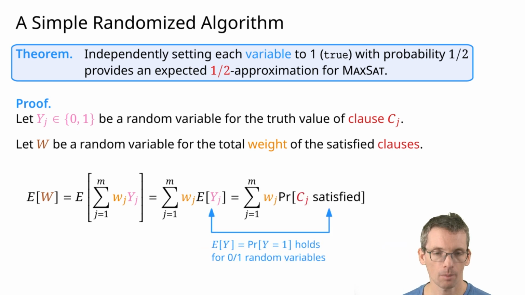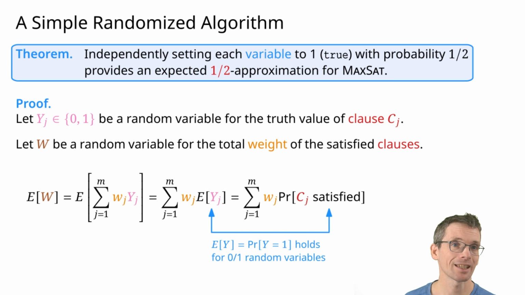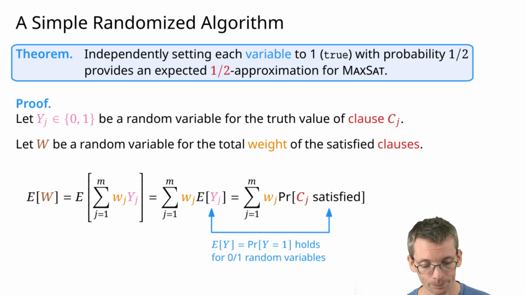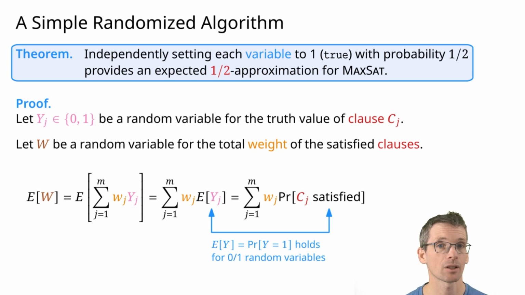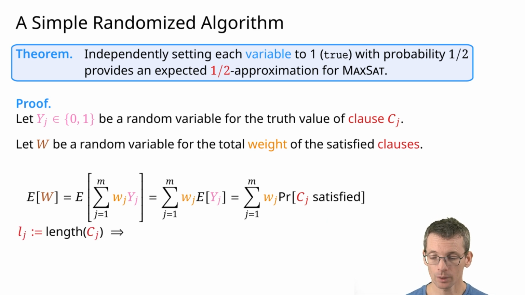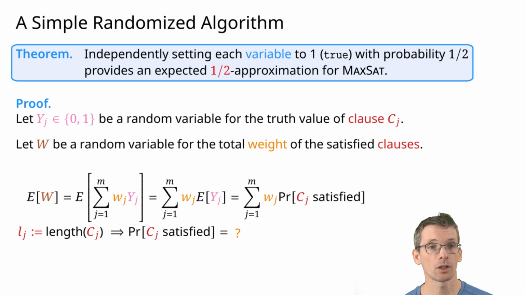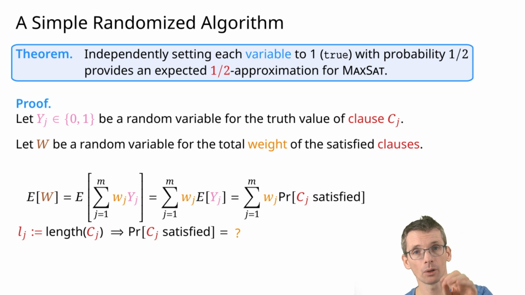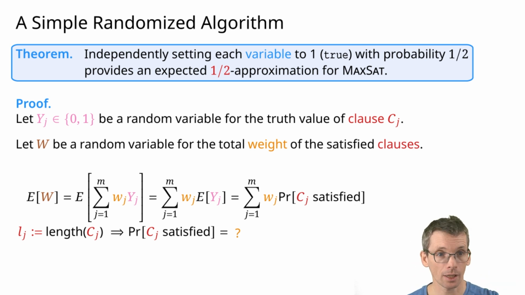So I get the sum of wj times the probability that Cj is satisfied. Now we want to put in something concrete for this probability. For that, we need to know the length of Cj, so the number of literals in that clause. We calculate it by looking at the probability that it's not satisfied.